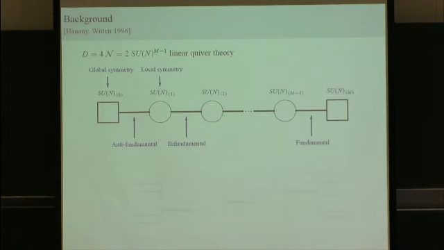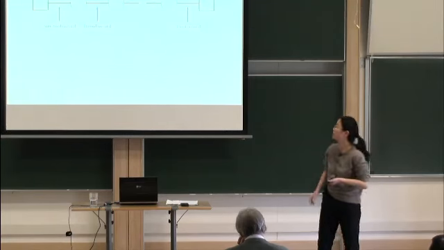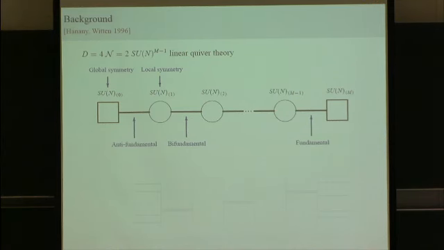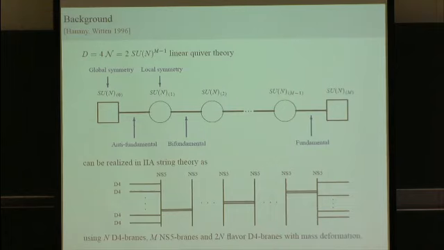In addition, we are in the superconformal case, which means that there are two global symmetries, which also are SU(N). For notational convenience, on this side we have the fundamental hypermultiplets, and on the other side anti-fundamental ones.